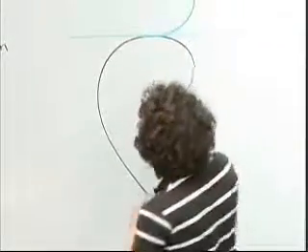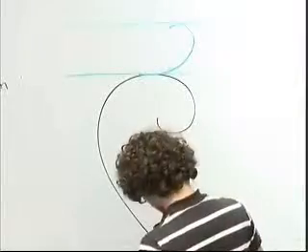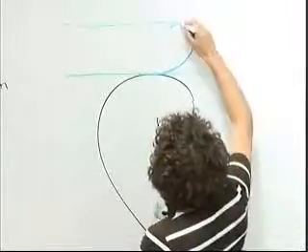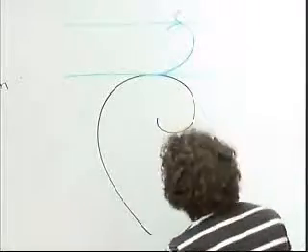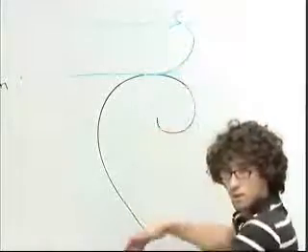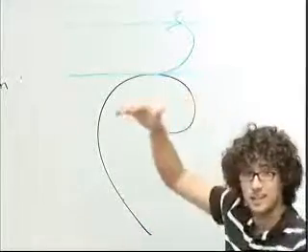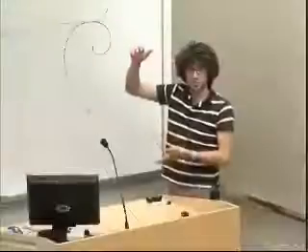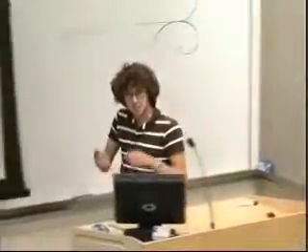And I can iterate the reasoning. I unfold and I carry on until I do the same thing below if I need to, and I will exactly get a self-avoiding bridge. So to any walk, I can associate a bridge. And the question is, to any bridge, did I associate a lot of walks or not?